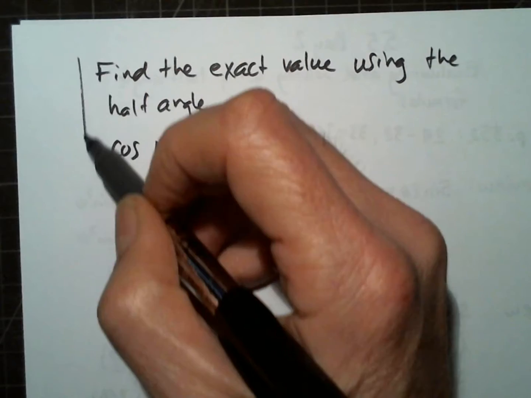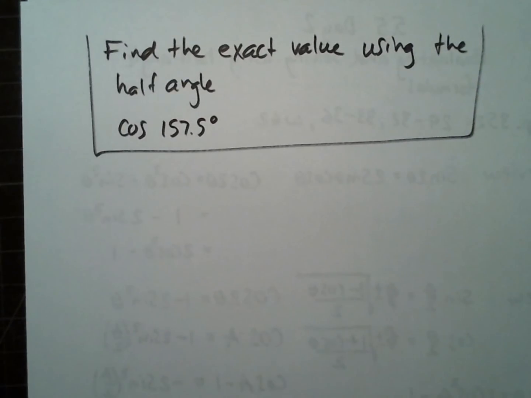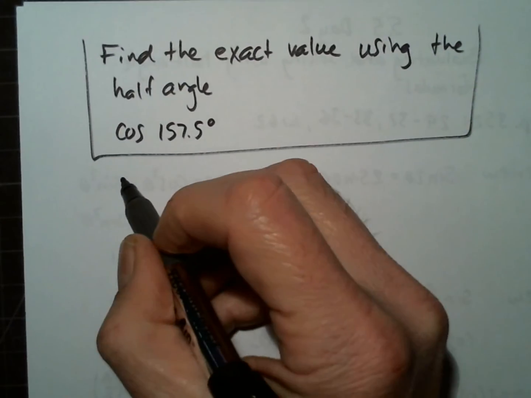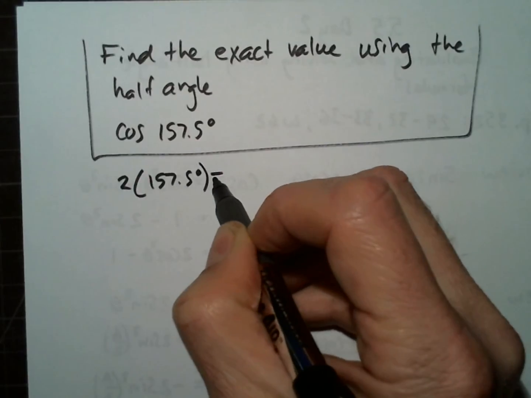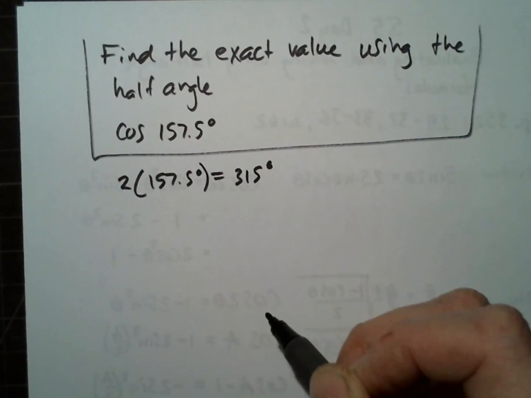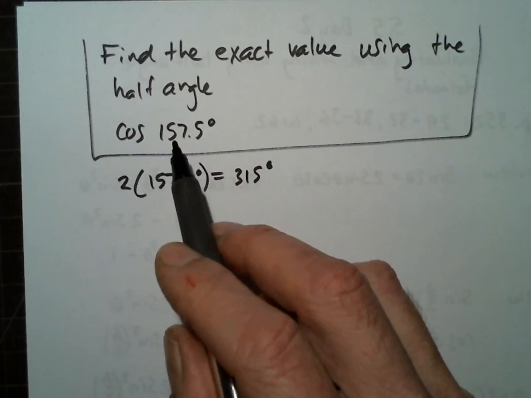Let's try that. So 157.5 is half of 315. We know that 2 times 157.5 equals 315. So we want to find cosine of that.